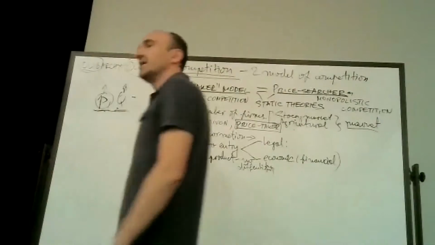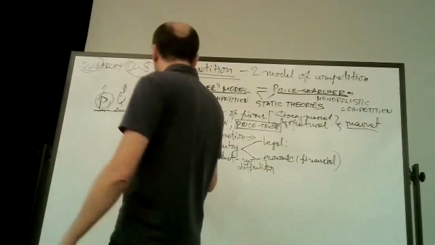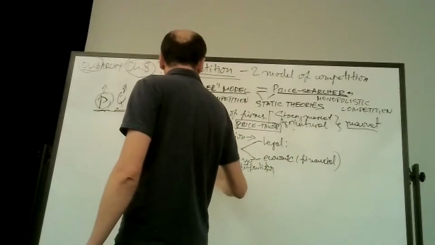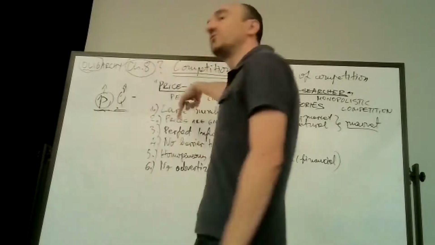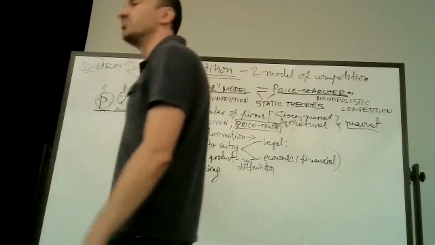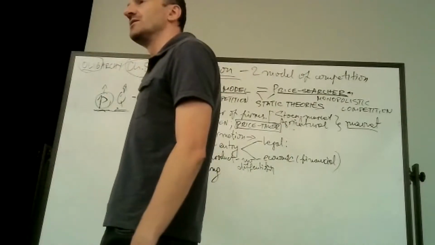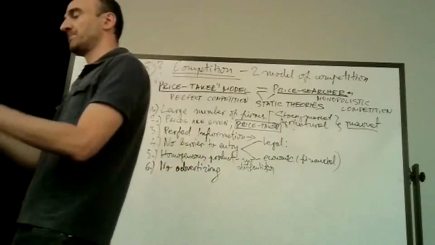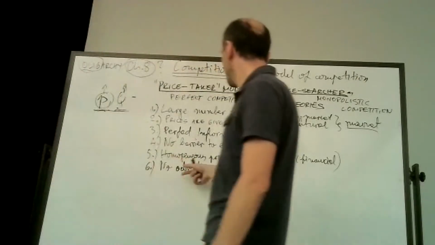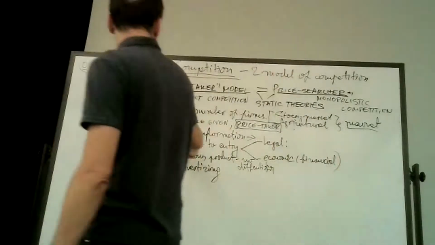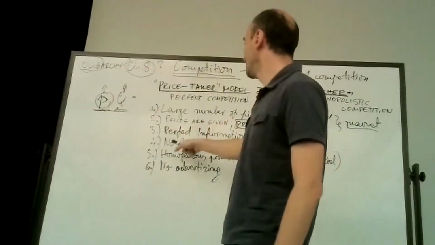Number 6, this is funny, no advertising. One of the previous 5 preconditions implicitly contains this no advertising plan. Which one is it? Go ahead. Barriers. Which barriers?